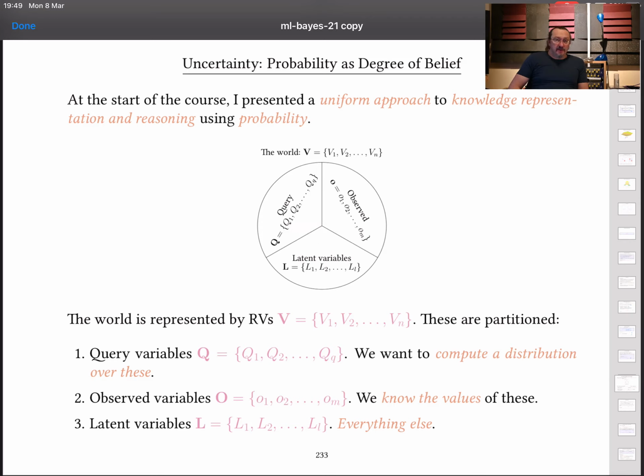And the latent variables here are of exactly the same nature. They're just things that we don't have measurements for and that we're not directly trying to infer. But latent variables may well be part of this model simply because they're involved in setting up a realistic model of the world or the environment in which our agent is trying to act.